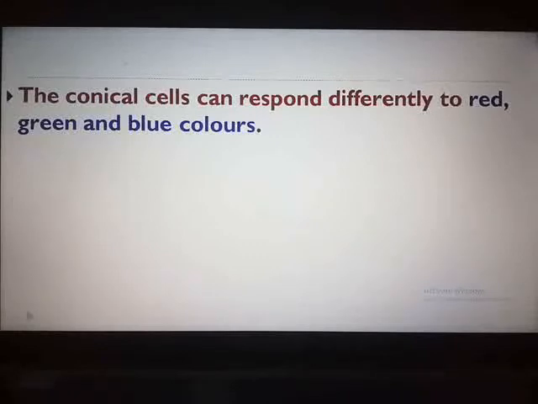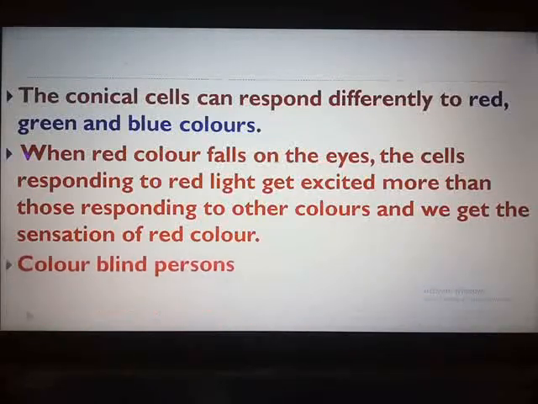Now there are some people around you who lack the conical cells responding to certain colors, and hence they cannot recognize those colors or distinguish between different colors. Such persons are called color blind persons.